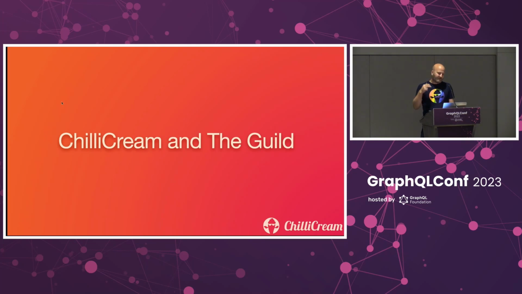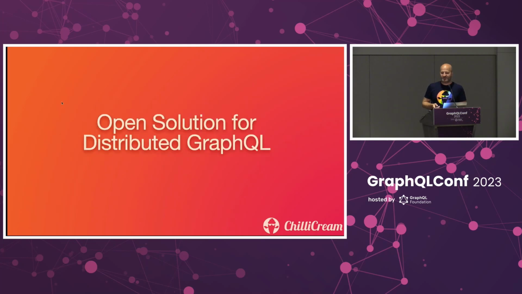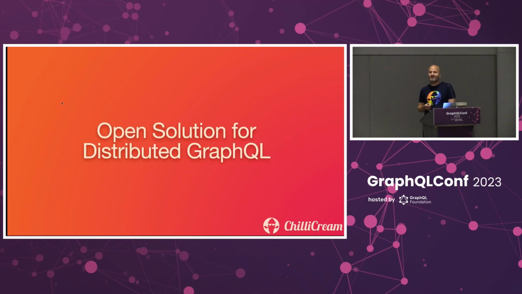So what we decided there is to formalize all the knowledge that we gathered in the open source space with distributed GraphQL and write an open specification that everybody can take part in and everybody can build tools around to open the space up.